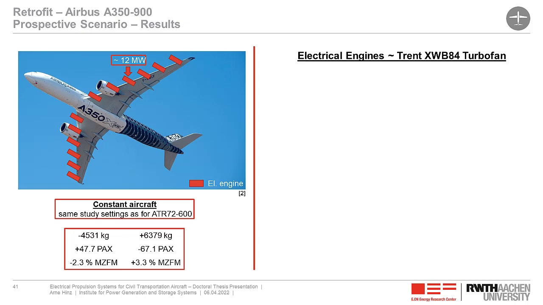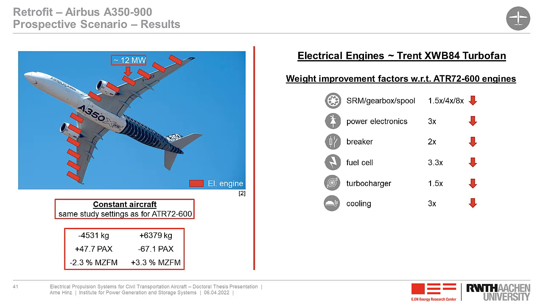Regarding the improvement factors, again with regard to the ATR 72 electrical engines, we can see that the improvement factors will range from 1.5 to 8, whereas 8 applies for the spool. And another big figure is for power electronics and the cooling system.